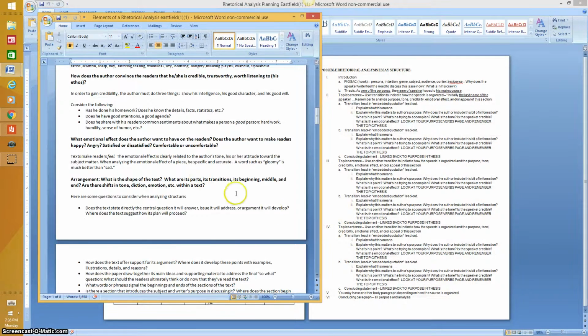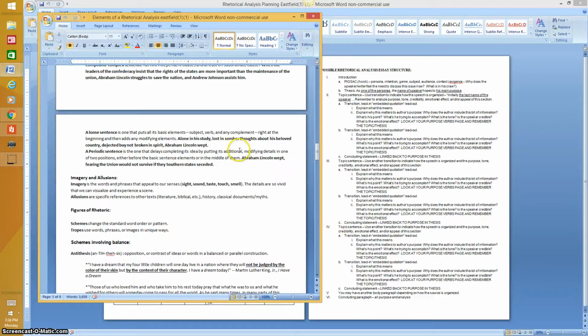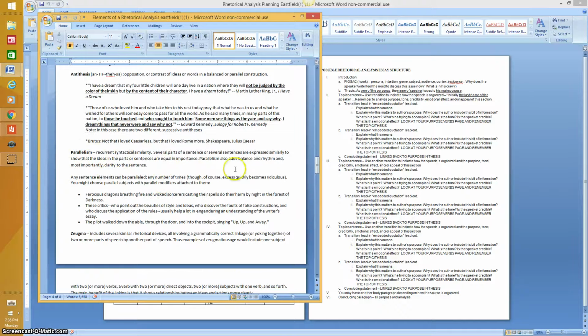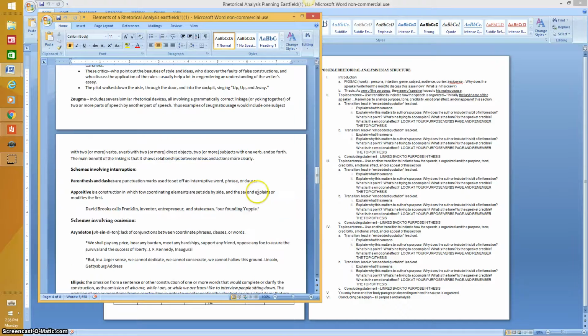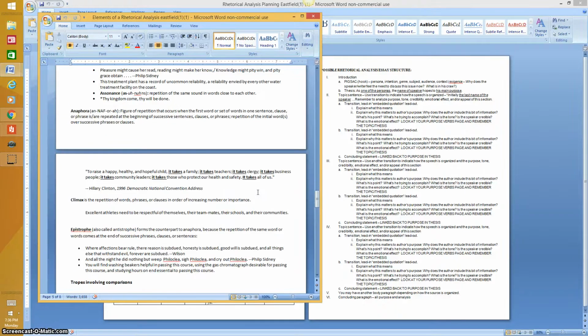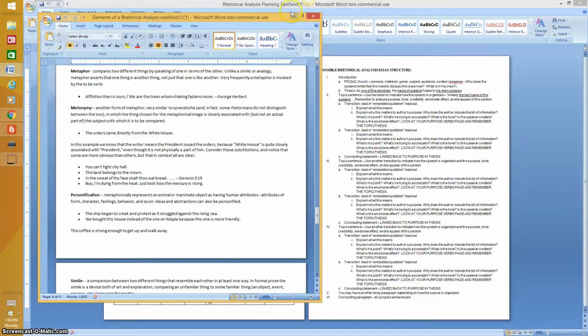If you scroll down, you can see the devices. Diction, powerful words, that's a device. Imagery. Allusions: a lot of speakers refer to history or literature or mythology. And parallel sentence structure. Maybe review some of these quickly to see if the speaker is using these different devices.